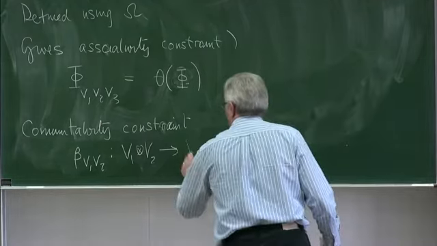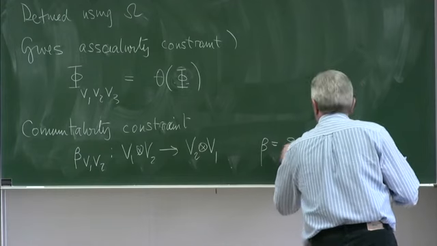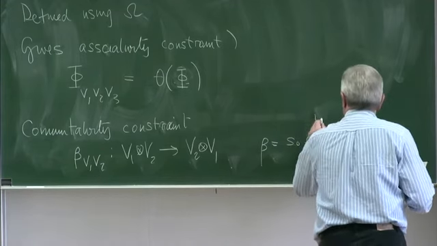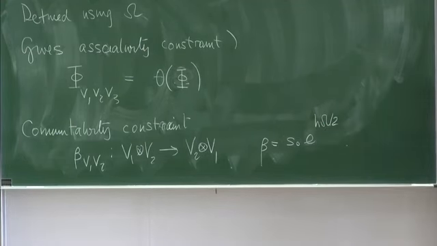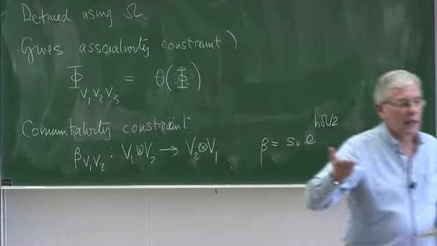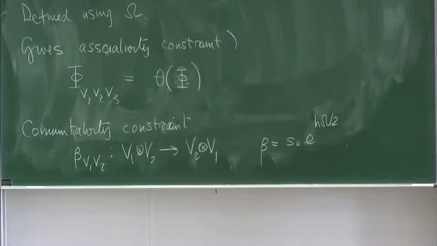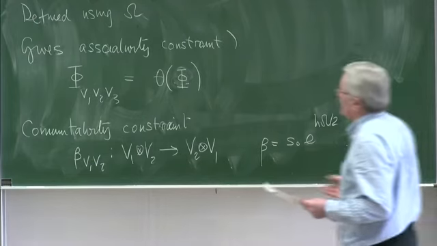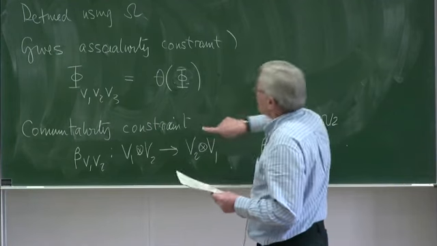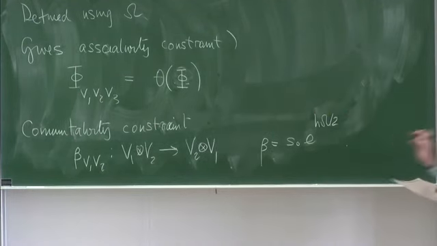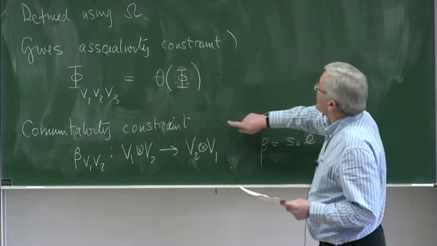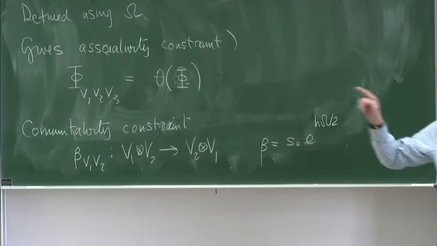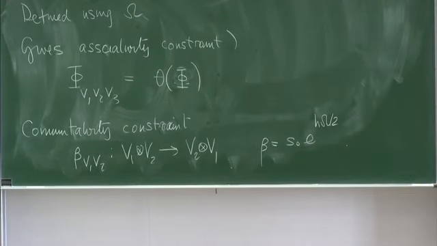And beta is S composed with e to the h omega over 2, where S is just a straight transposition. These tensor products are all taken in M, the Drinfeld category. So there's the associativity constraint, there's the commutativity constraint, and the theorem is that with this associativity constraint and this commutativity constraint, the category M becomes a braided monoidal category.